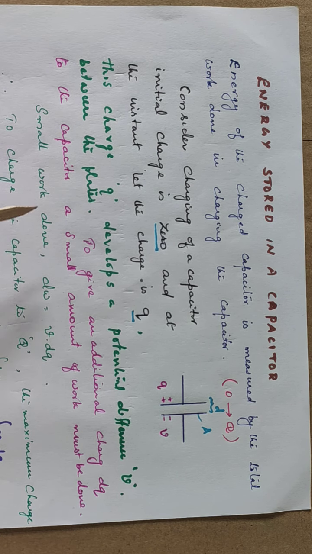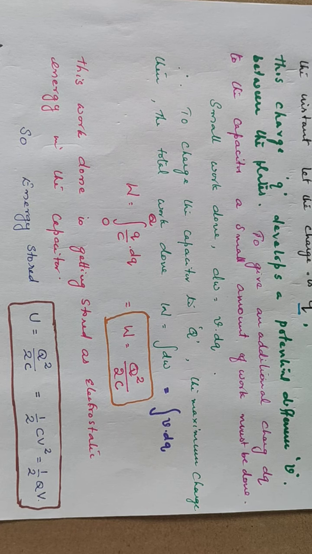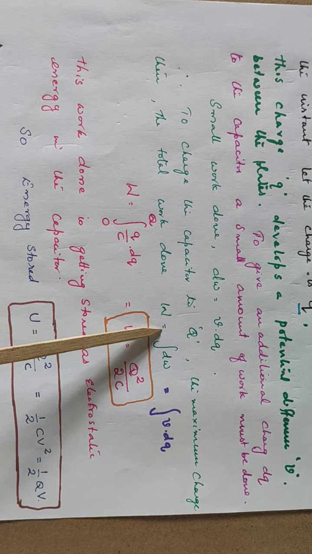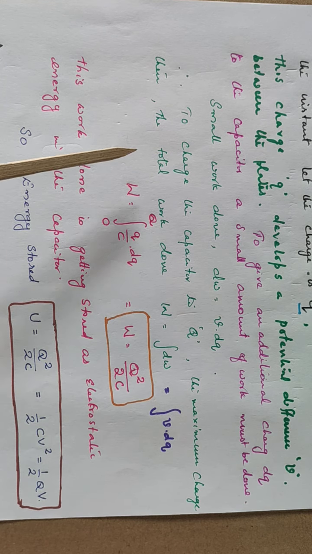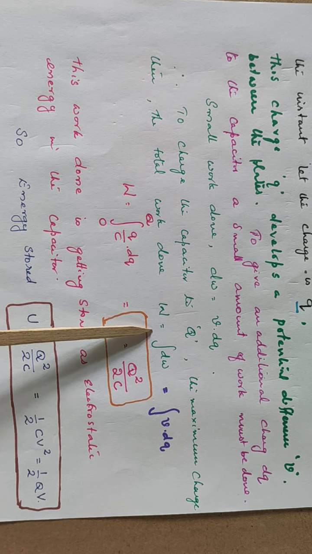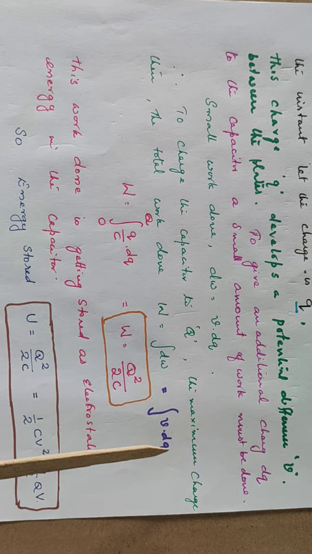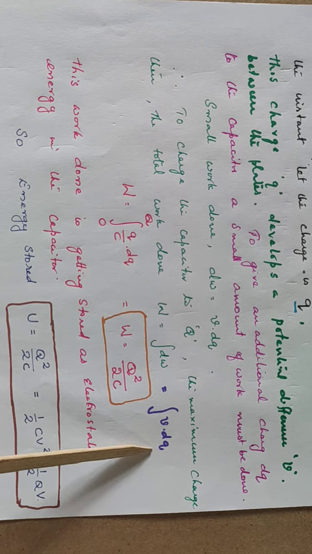So this small work done dW is equal to small v into dq, already studied. Therefore, to charge the capacitor to its maximum, that is capital Q, the total work done W will be equal to integral dW, that is integral v dq.